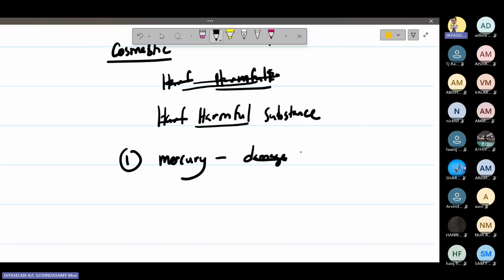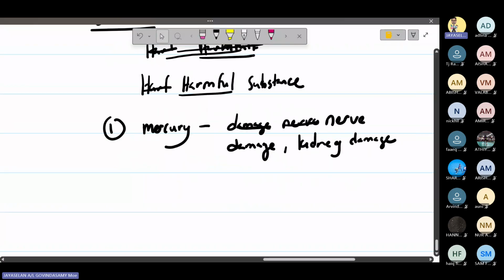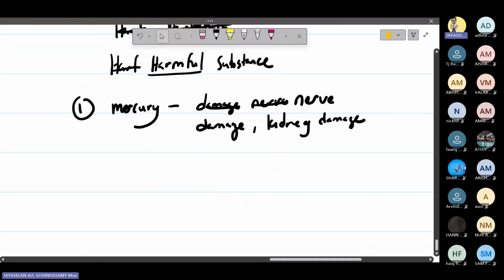What damage? Nerve damage. And one more, it can cause what? Kidney damage. So please write this down: mercury, nerve and kidney damage.